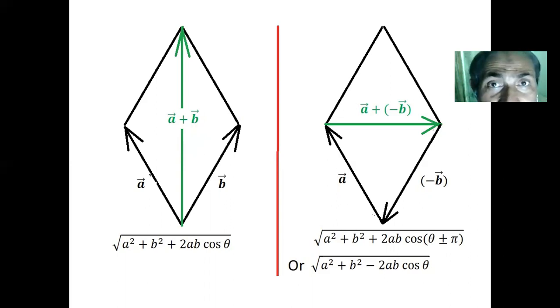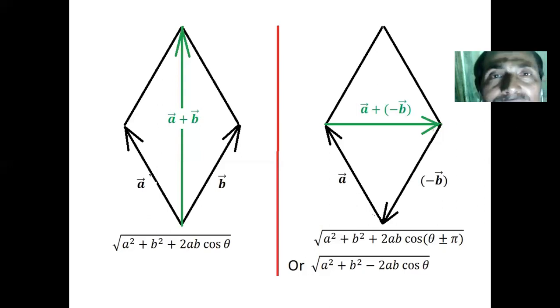When the direction is inverted, that vector will be called a negative vector or minus B. The inversion of the vector B is nothing but the rotation through 180 degrees. So at the left side in the figure, the sum of the two vectors A plus B is indicated by one vector which is drawn vertically upwards.